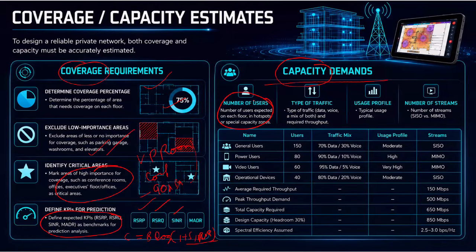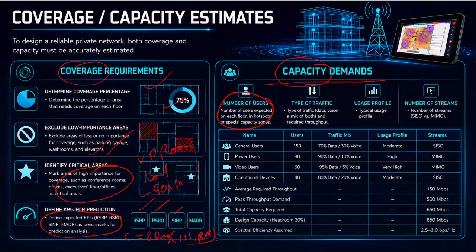For example, maybe one floor has 50 users and another floor may have 3,000 users, right? Or perhaps a warehouse has hundreds of scanners, cameras, AGVs, robots, sensors, or connected machines operating simultaneously. These areas may require significantly more capacity.